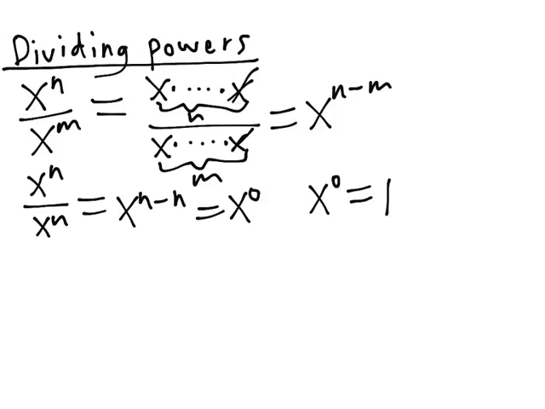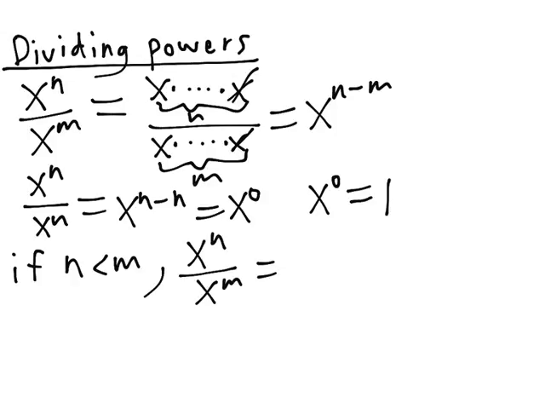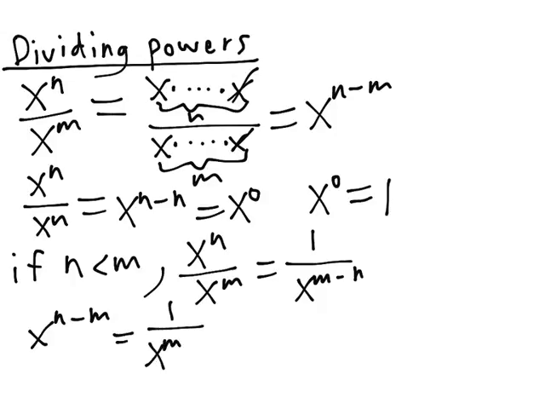We can take this formula even one step further. What if n is actually smaller than m? If n is smaller than m, then x to the n over x to the m equals 1 over x to the m minus n, since n copies of x will cancel in the numerator and denominator. So now our formula tells us that x to the n minus m equals 1 over x to the m minus n.